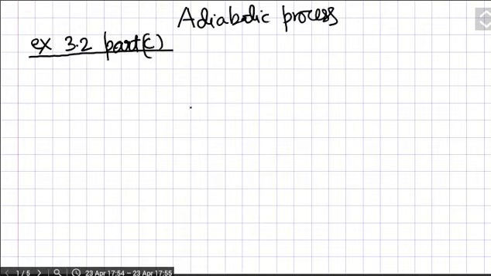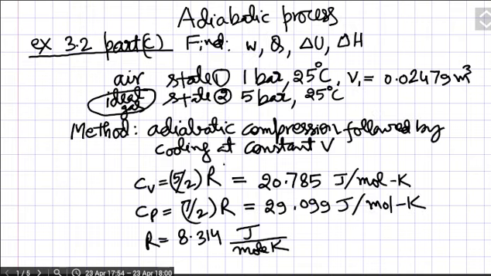In this lecture I will explain to you part C of example 3.2, because it involves the adiabatic process. In this you need to find what work will be done, the heat transferred or given to the system, work done on the system, change in internal energy of the system, and change in enthalpy of the system.